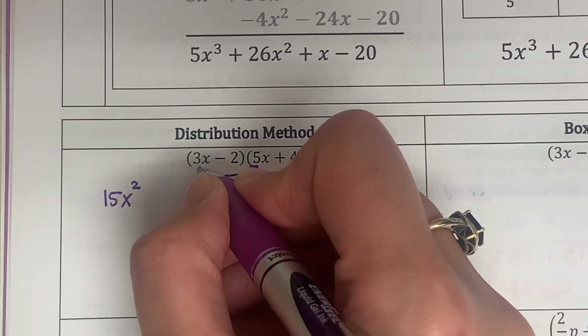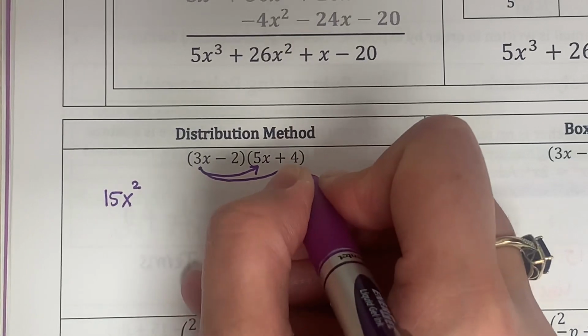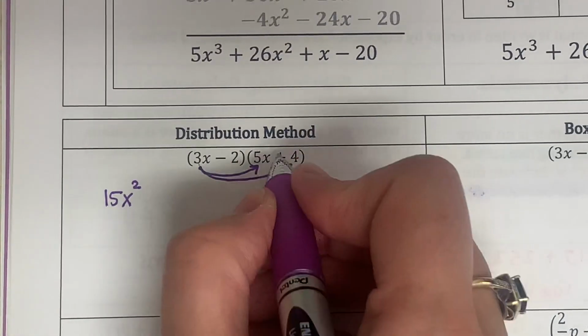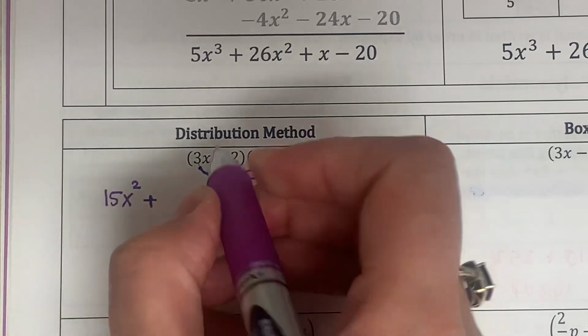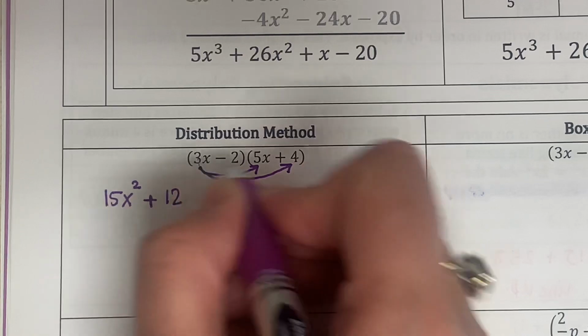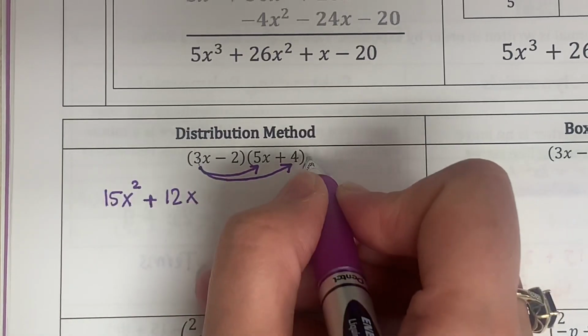And then I'm going to multiply 3x by positive 4. So 3x, positive 4, so I'm going to put a plus sign. 3 multiplied by 4 is 12, and x is by itself. There was no x to multiply.